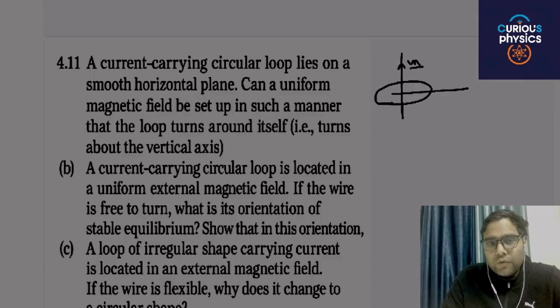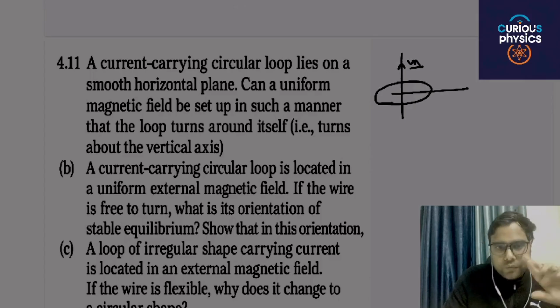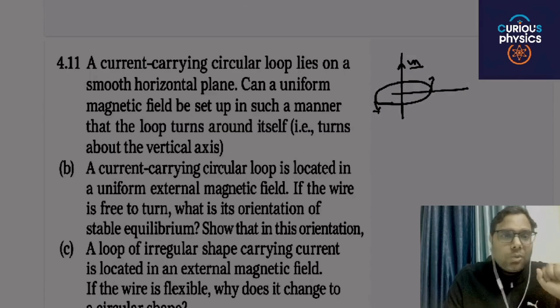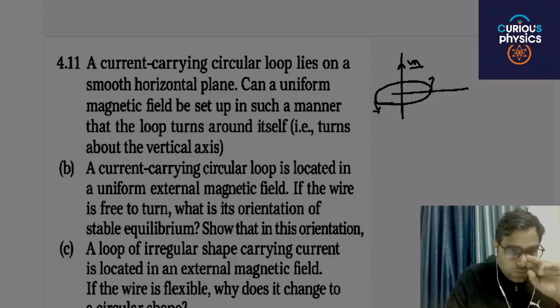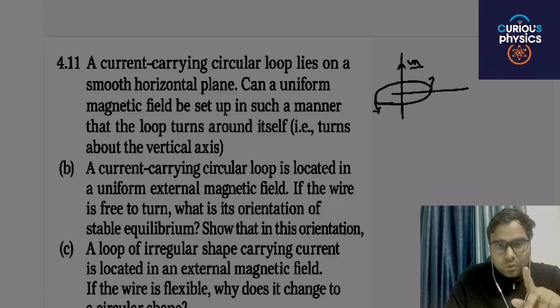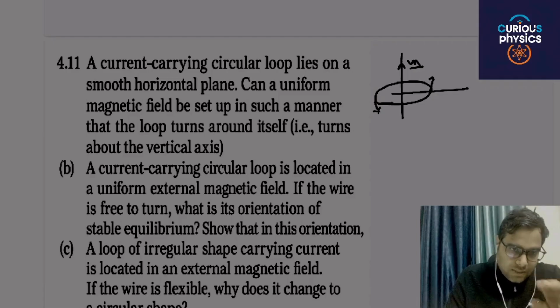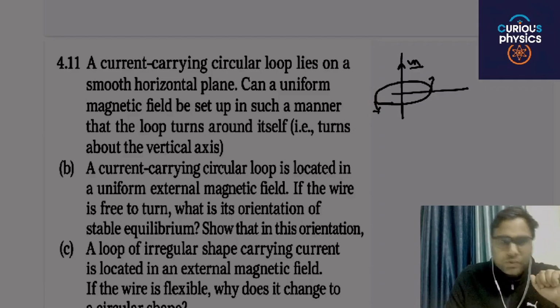So if you want to turn this loop, the torque should be in that direction. But this is not possible, because to turn this loop there must be some angle between the magnetic field and the magnetic moment. So this is not possible.